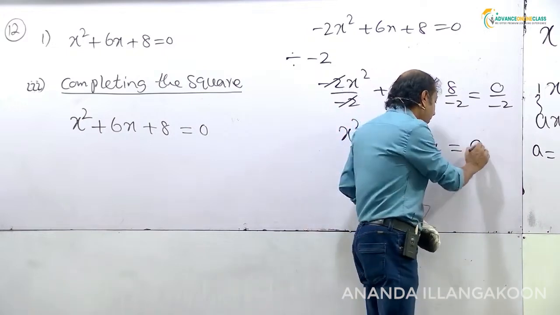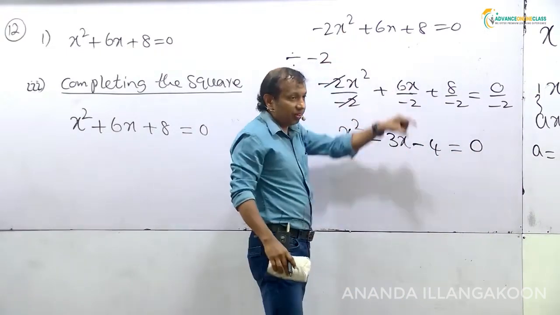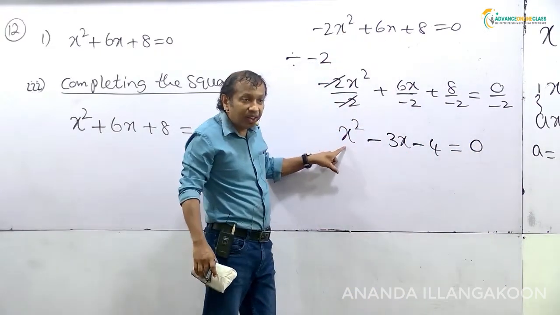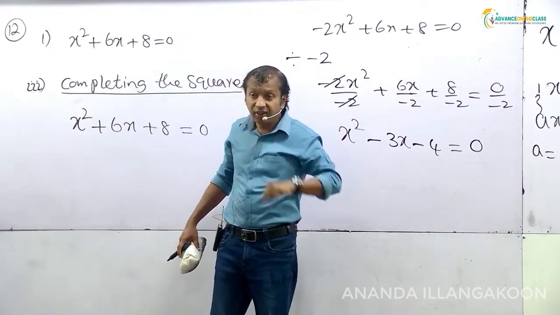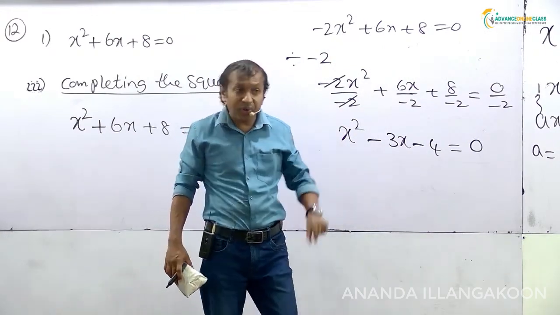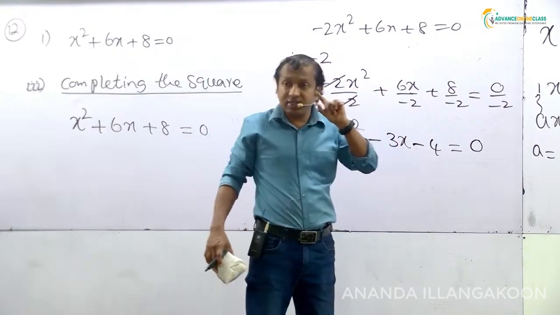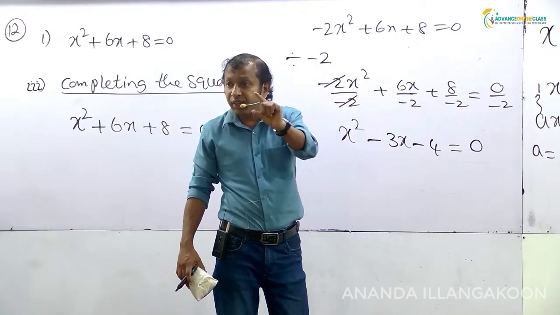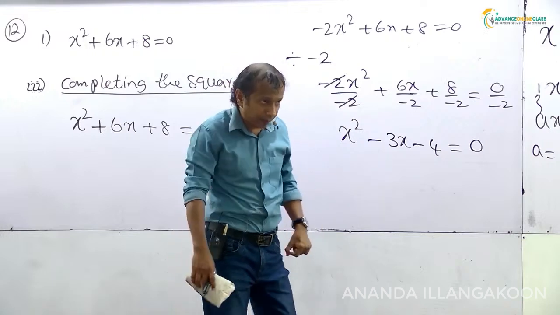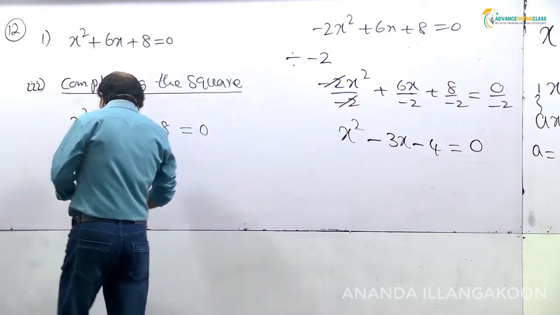Now see here, we have the same quadratic equation with x squared coefficient plus 1. Now for this we apply what? The steps in completing the square. Now I am going to explain what the steps in completing the square are when your quadratic equation has x squared coefficient 1. Okay, this is the method, people. First open the bracket.